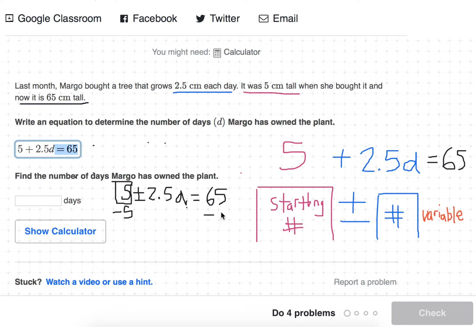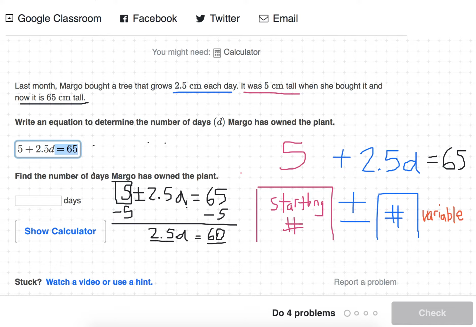So we're going to subtract 5 from both sides, and we get 2.5d equals 60. And that makes sense, because if it started at 5 centimeters and it's now 65 centimeters, it's grown 60 centimeters. And it's growing 2.5 centimeters a day.